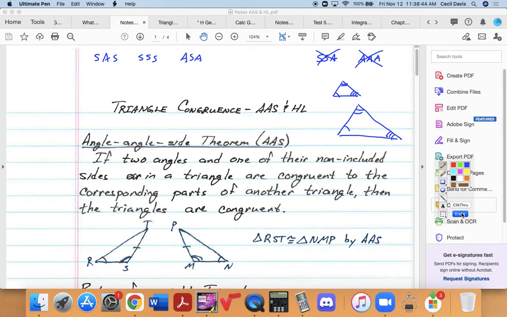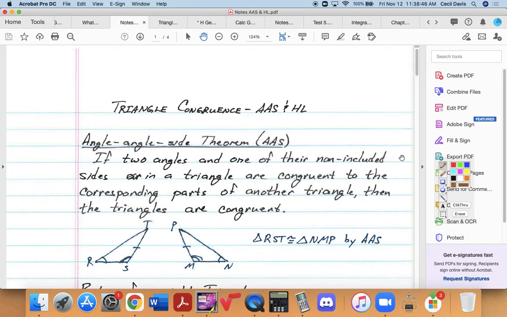All right, so we're adding two new ones to that list today. The first one is angle, angle side. The only difference between angle, angle side and angle, side, angle is where is the side? They both have two pairs of congruent angles and one pair of congruent sides, but in angle, angle side, the side is not in between the two angles.